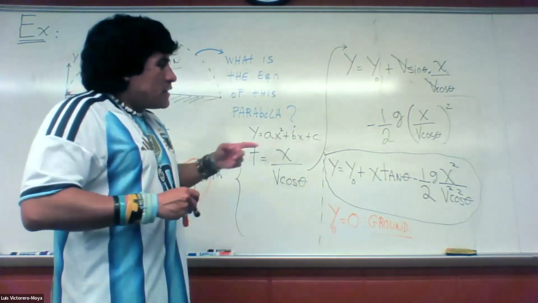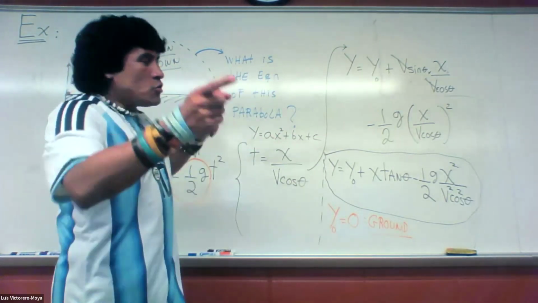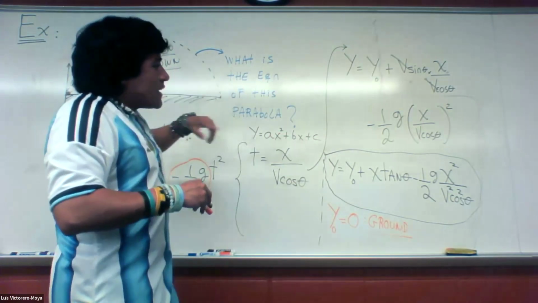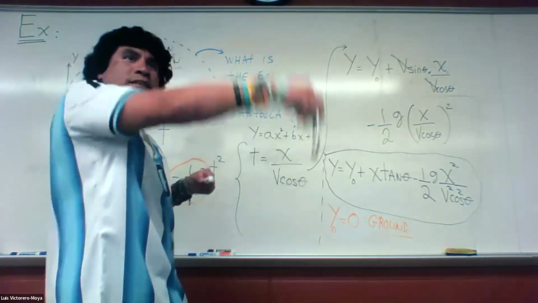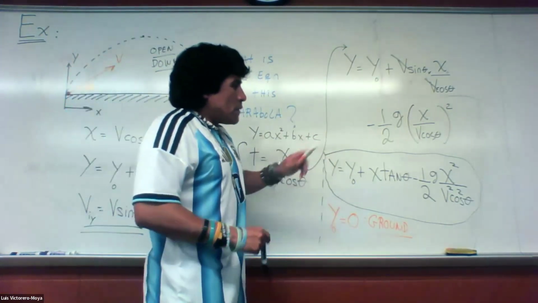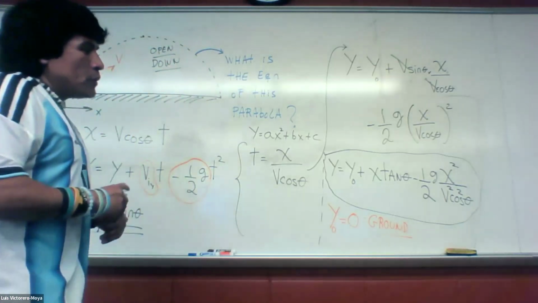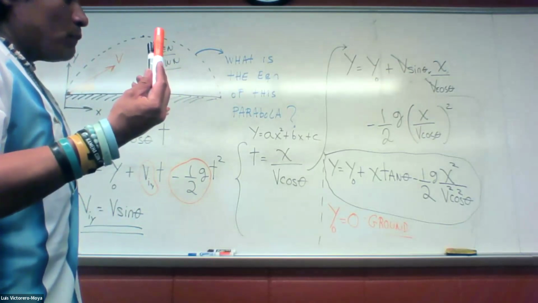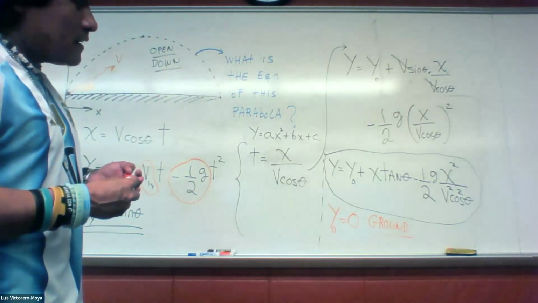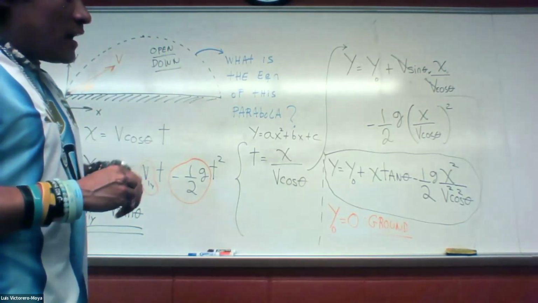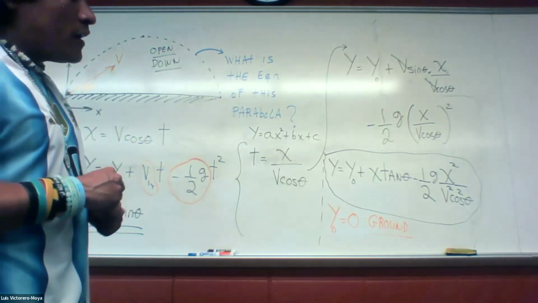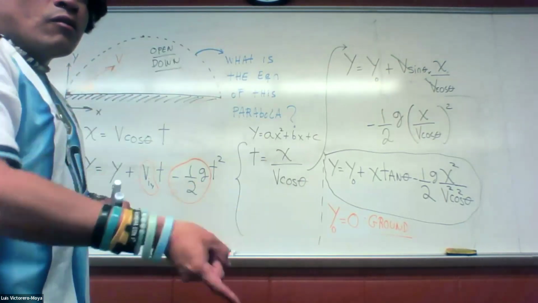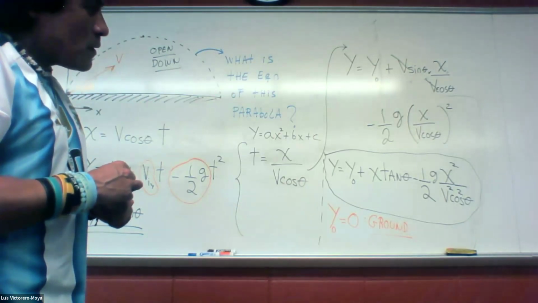All right. So that's the equation of this. That's the solution for that problem. So the equation of the trajectory of a projectile is that. And trust me, that is going to help you when they don't give you time, for example. If they don't give you time, but they give you the angle and the speed, you can find any vertical position. Okay?